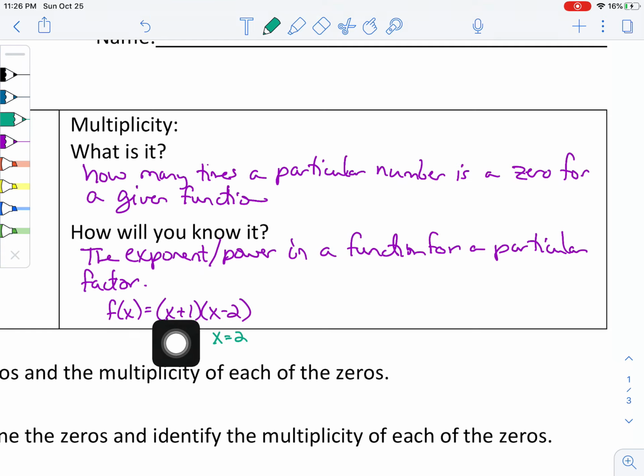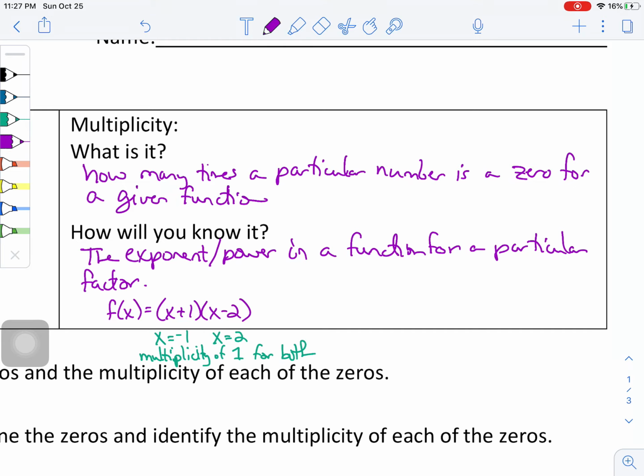Because this factor only shows up once, it has multiplicity of 1. This factor, x minus 2, only shows up one time, so it has multiplicity of 1 as well. I always spell this word wrong. Multiplicity of 1 for both.